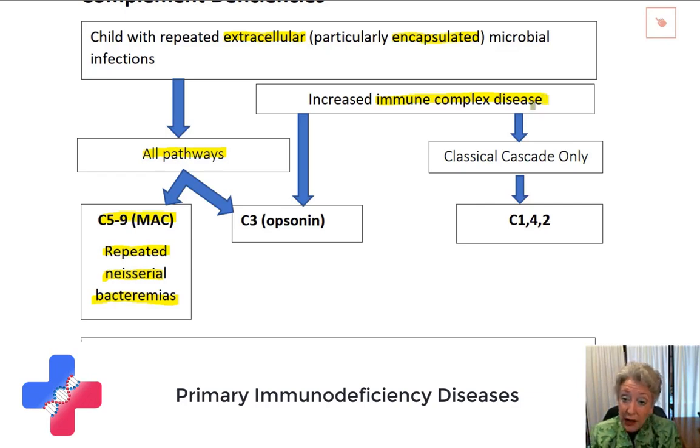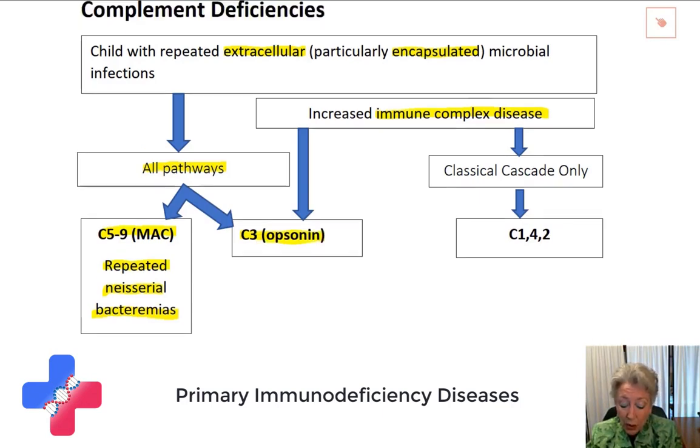And my spleen has phagocytes that have receptors for C3b. So if I have a patient who doesn't make C3b from any of the pathways, then I'm going to see the problem that those immune complexes have more difficulty being removed from the blood.